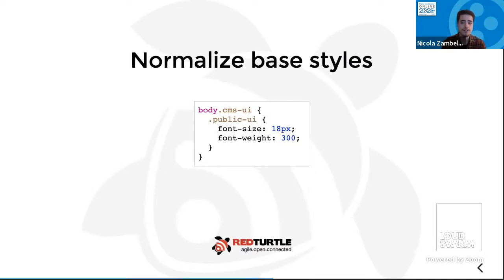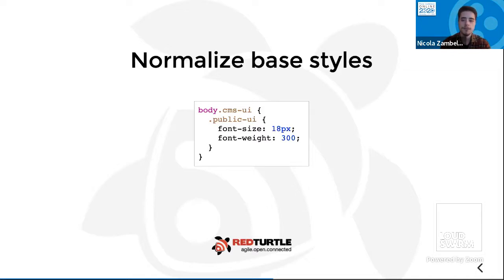Another suggestion I can strongly give you is to normalize base styles to resolve possible conflicts on base font size or weight, or the base styles of your page, like paddings, margins. The base font size is the main issue, but you can have other ones.